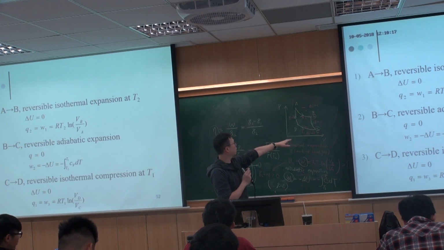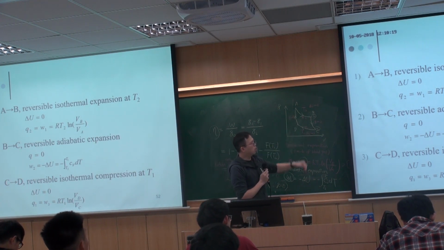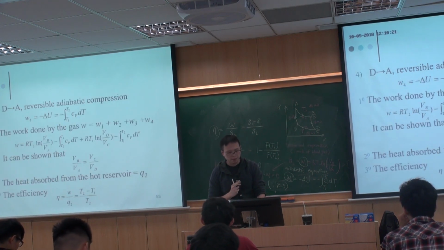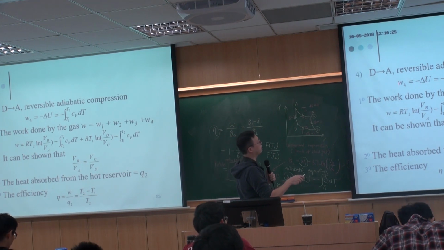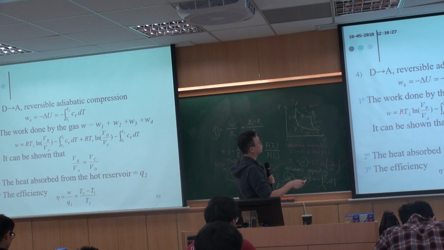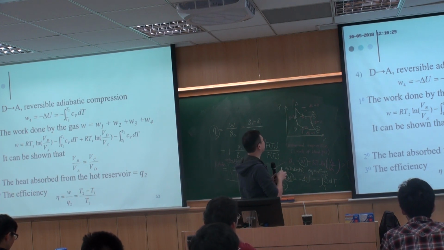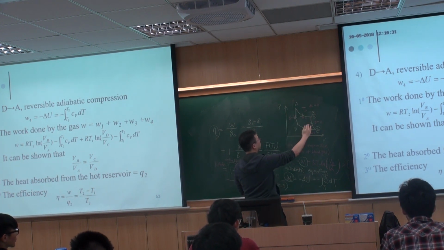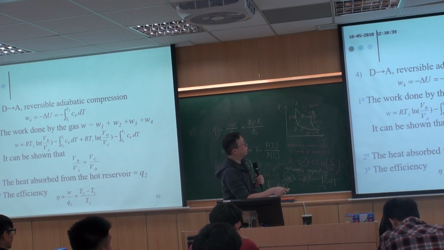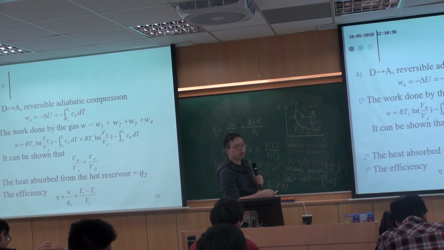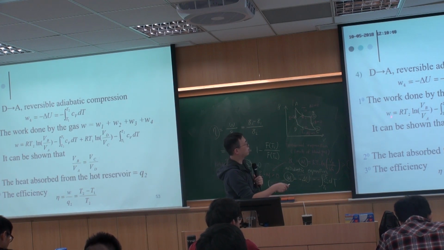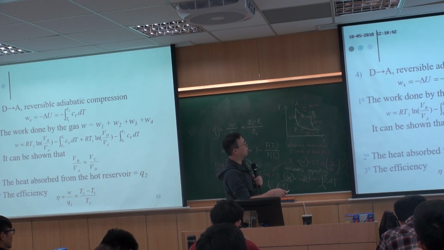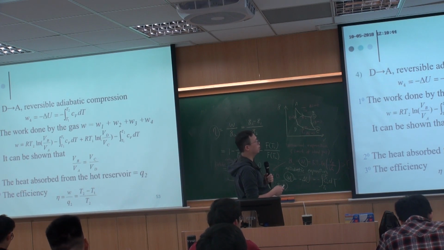And for the rest, for the compression, you do the same thing. Then you have two negative numbers, W3 and W4. So the total work done by the gas, which is the area inside this cycle, will be the sum of these four works. It turns out that some terms cancel out immediately.